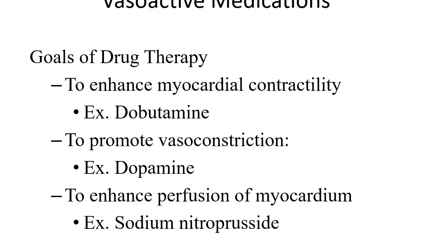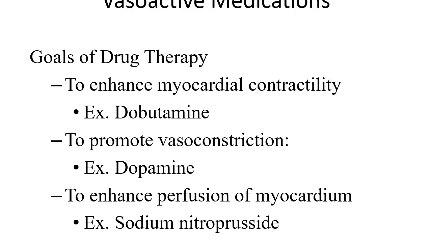So one of the medications that we give to improve myocardial contractility is dobutamine, not to be confused with dopamine. What dobutamine does is it helps to improve myocardial contractility. And one of the ways it helps the heart to pump better is to decrease systemic vascular resistance. So it relaxes peripheral blood vessels.